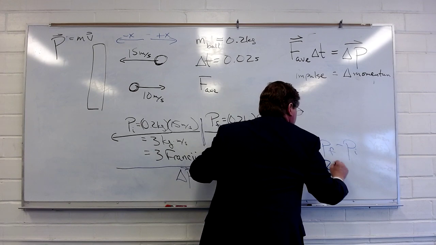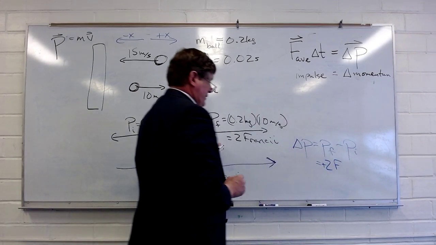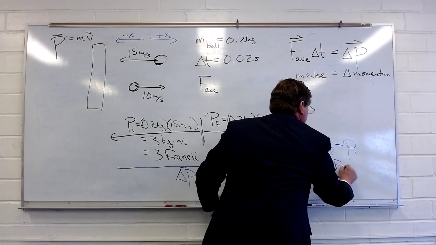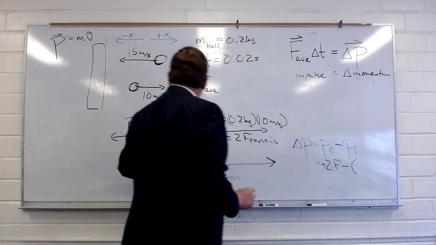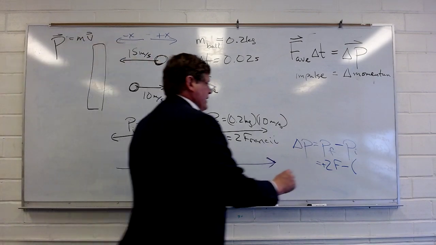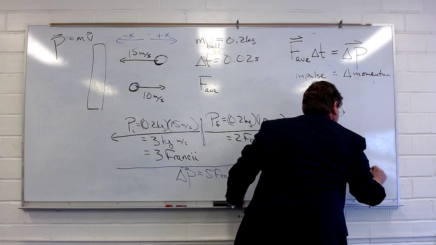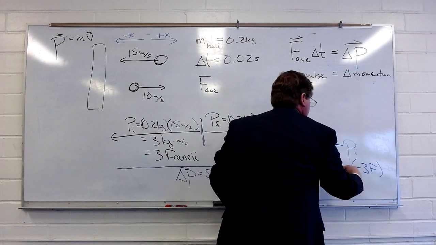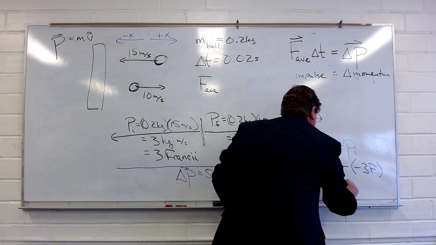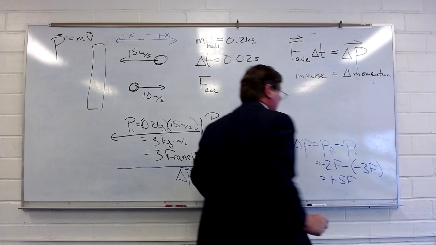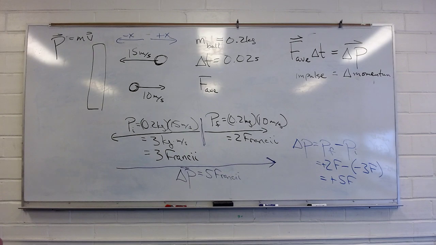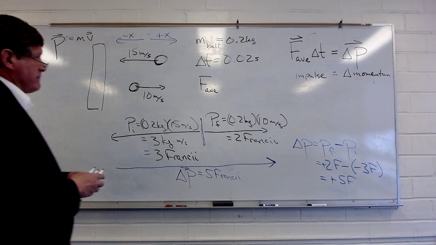That's 2 Franci to the right, so it's positive. And then I have to subtract the initial. The initial is 3 Franci to the left, and to the left is negative. And if I subtract a negative, that's adding. So that's going to give me a positive 5 Franci. So whichever way you want to do that is fine.